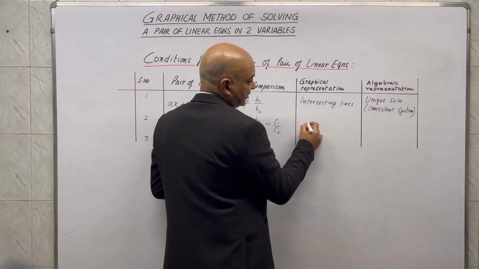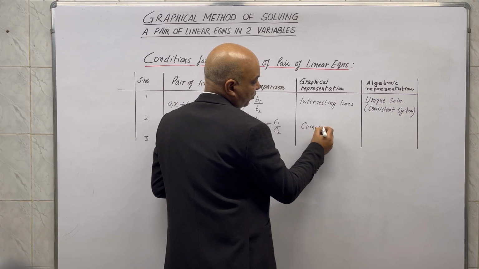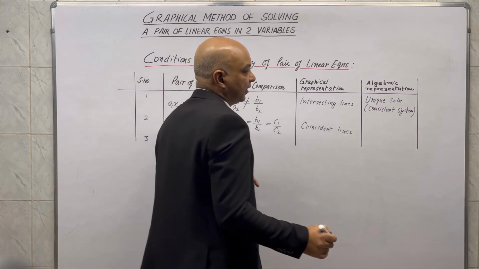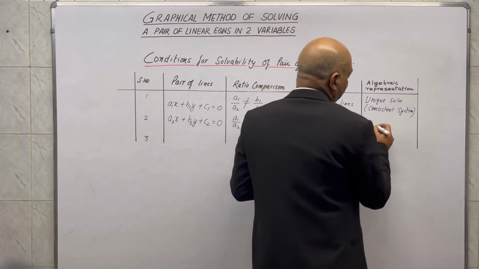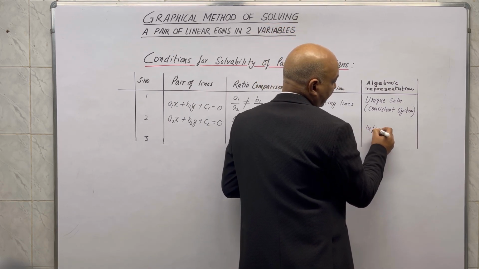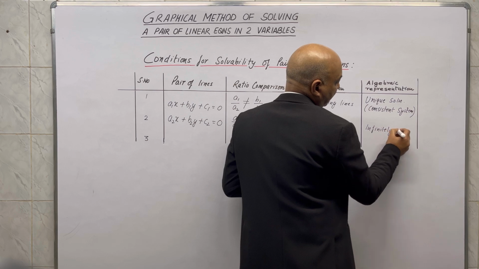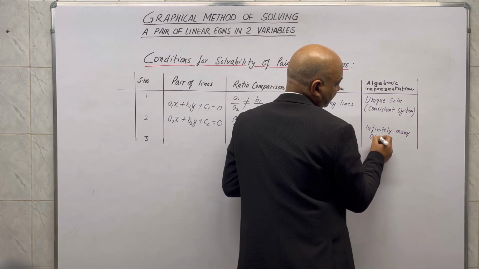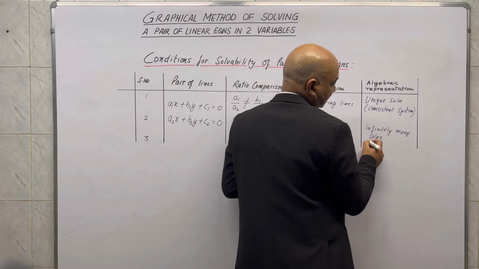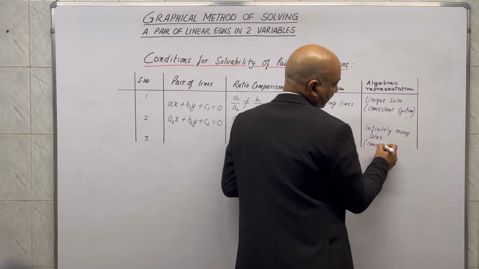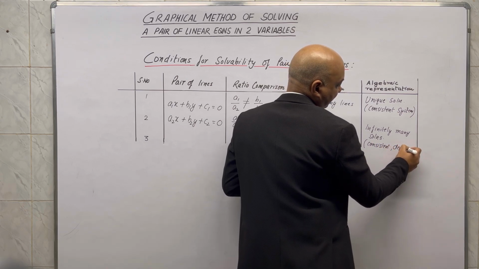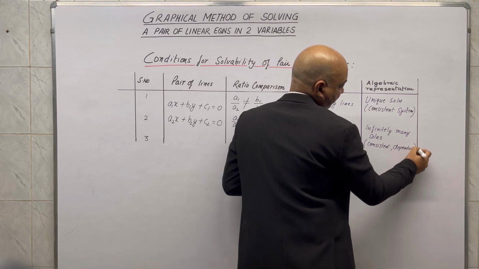Then our two lines are coincident lines, one upon the other, and algebraically we can say that there are infinitely many possible solutions. This system is also called a consistent and dependent system.